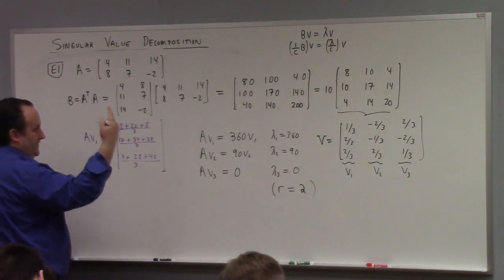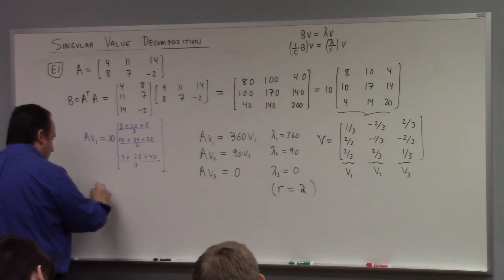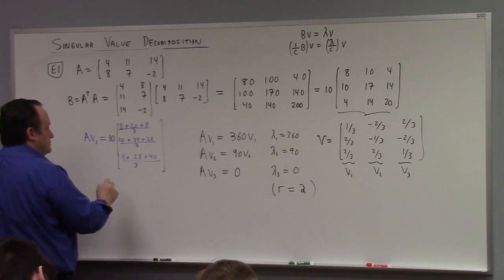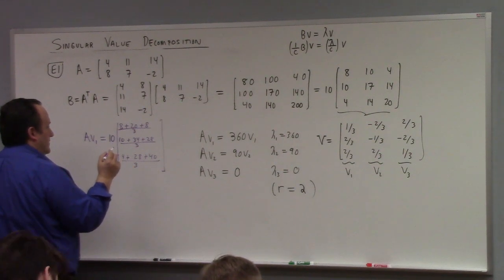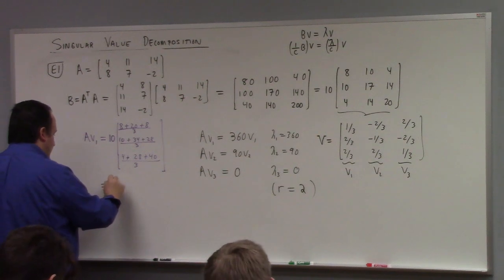And I brought the 10 out. What's that work out to? 6, what's 36 over 3, also known as 12, right?